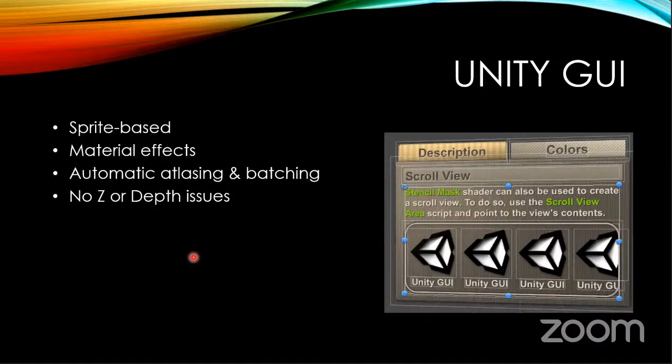All the Z and depth sorting issues have been completely eliminated in the latest Unity GUI that we are implementing. So if you want to sandwich your label in between your two sprites, no problem at all. Just drag and drop it wherever you want to, and it's not going to create any depth issues.